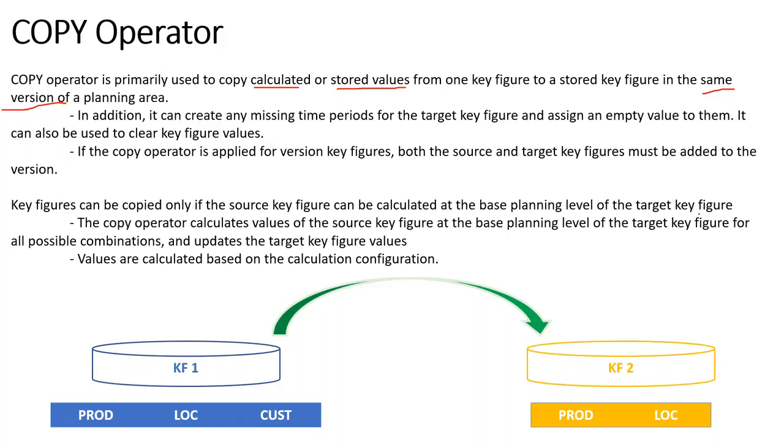If you want to copy data between versions, remember there is a group called versions, where we copy the data and specify what master data and what key figures we want to copy, etc. So we shouldn't use the copy operator to move data between versions.